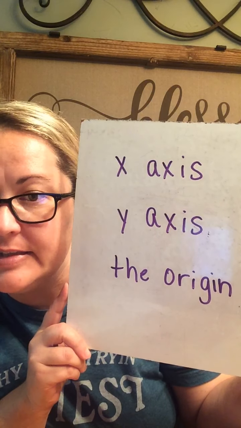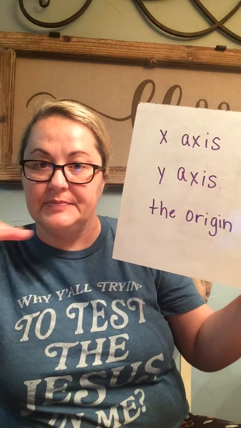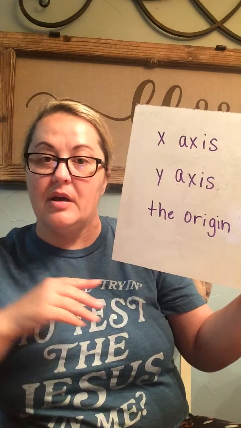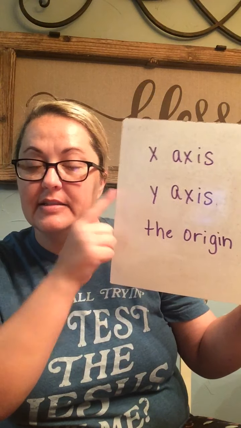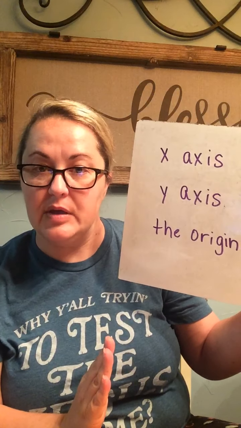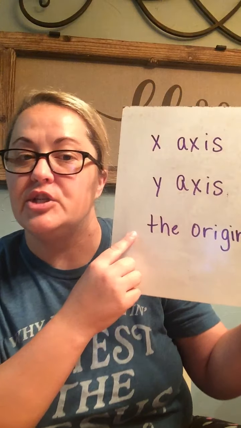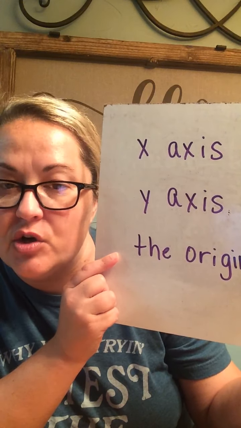The x-axis is horizontal, okay? It's the one that's laying flat on the picture. The y-axis is the vertical axis that goes up and down through the middle. And the origin, think about this, the origin, where does it begin? Where does everything start?